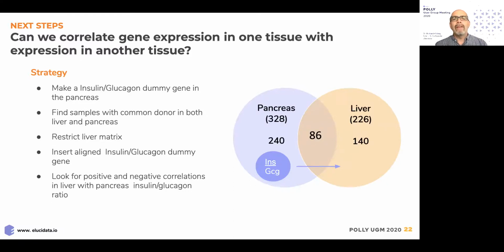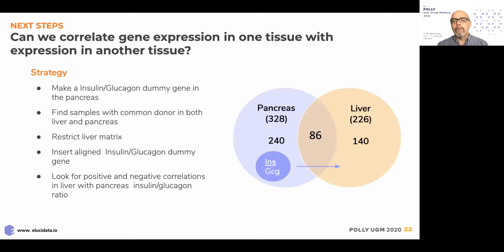All right. So then I'd like to take this one step further. Can we correlate gene expression in one tissue, namely the pancreas, with the expression in another tissue? And the question we're trying to pose here is, since insulin is a very strong regulator of liver function, and so is glucagon, can we correlate gene expression in the livers of individuals with pancreata in the GTEx database?